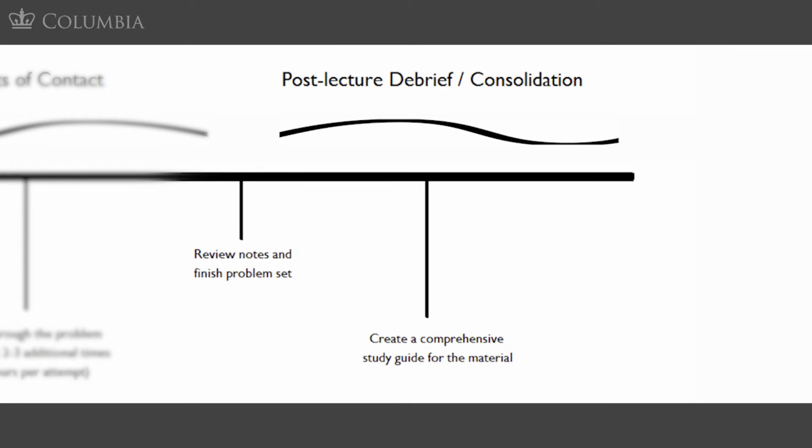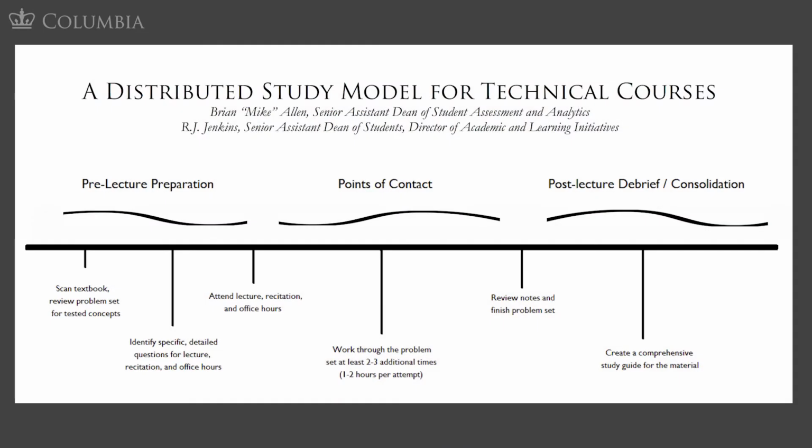During this phase, you go to office hours and you seek clarifications to fill in any gaps in your knowledge. During this phase, you create a detailed, comprehensive study guide of what you learned, and you add the concepts you learned to your master concept list. Again, a before, a during, and an after.